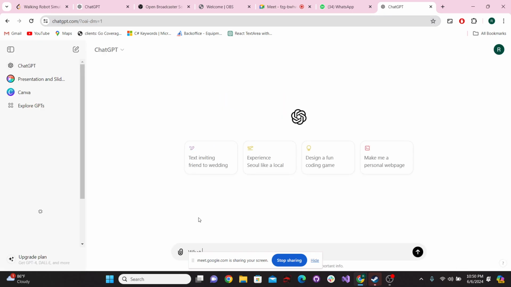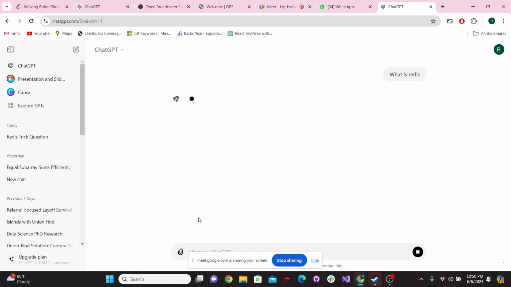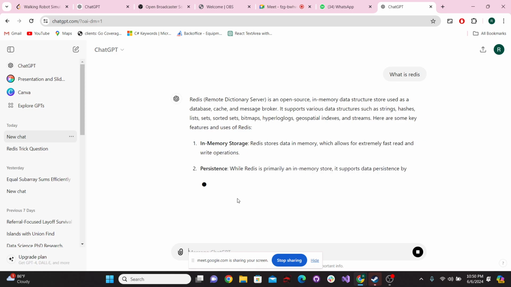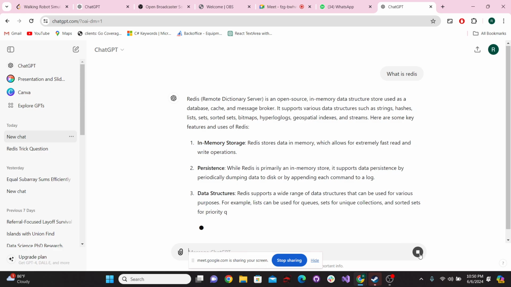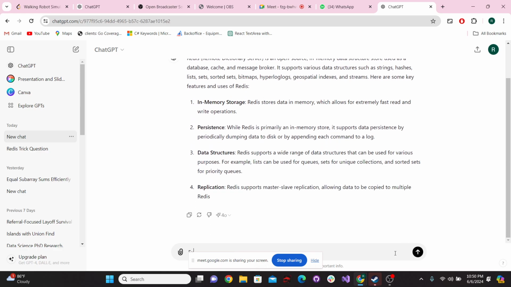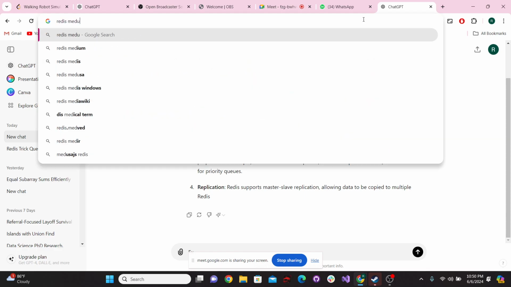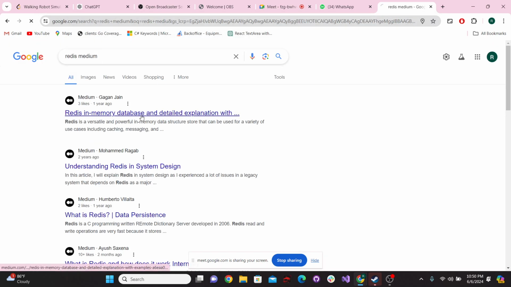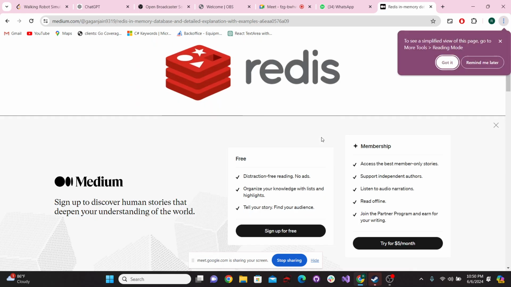You can ask it what is Redis, and it gives you some answers, like geospatial, in-memory storage. You can also read beautiful Redis Medium blogs, with in-memory explanations and detailed examples.